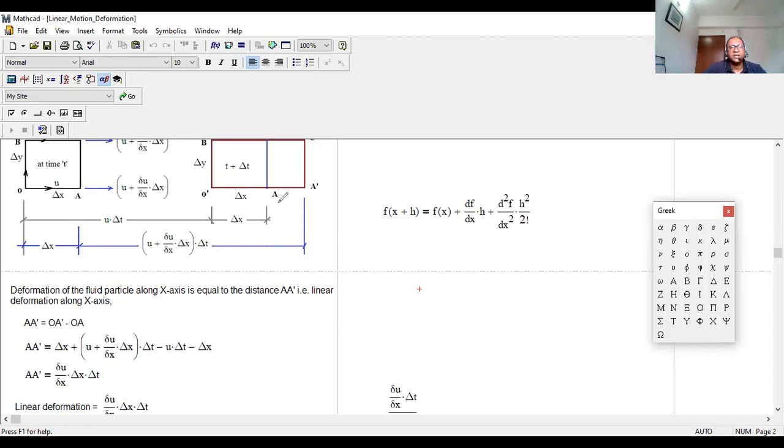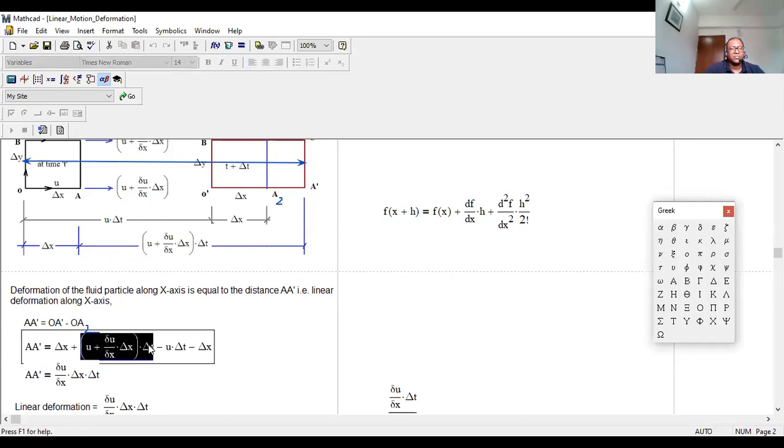Say I call this A2, this one, this will be A2. Now, what is this distance? OA', the distance from here to here. Del x, I can say this del x plus this term. So I did this del x, then plus this term.